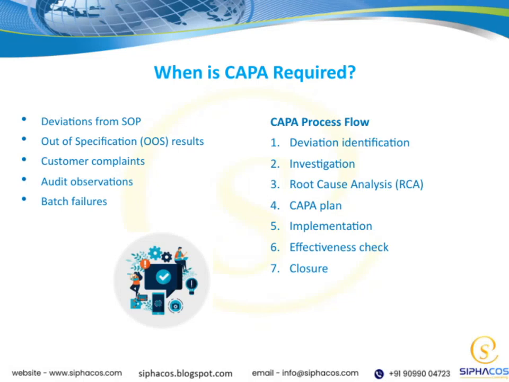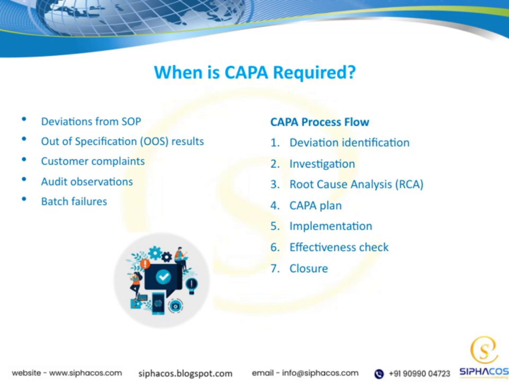Let's walk through the CAPA process flow, which is essential for maintaining quality and compliance. First, we start with deviation identification, where we spot anything that doesn't meet our standards. Next comes the investigation phase, where we delve into understanding what happened. This leads us to root cause analysis, or RCA, which is about pinpointing the fundamental reason behind the deviation.